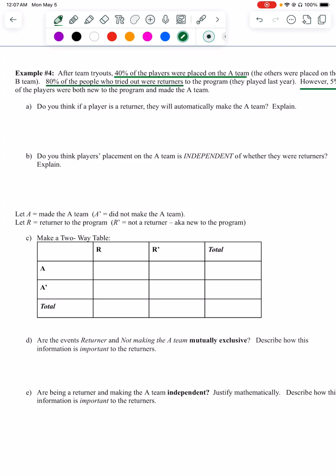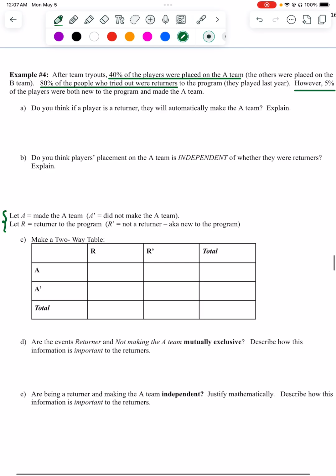Keep in mind that here we have defined A as made the team, and A prime would be not made the team. R would be returning to the program, and R prime would be not a returner, which means they're new to the program. So let's put the numbers in based on what we have. We said 40% of the players were placed on the A team. So that's 40%, which is 0.4 right here.